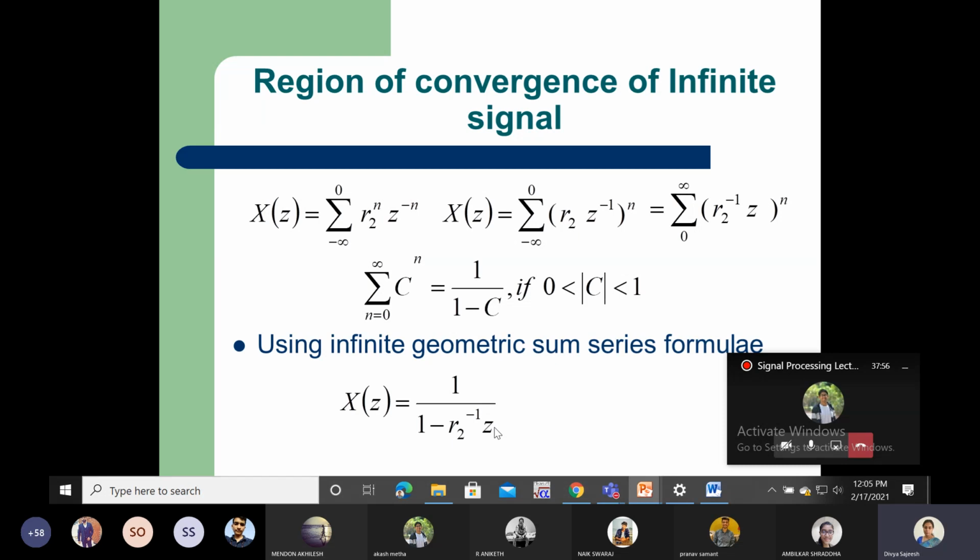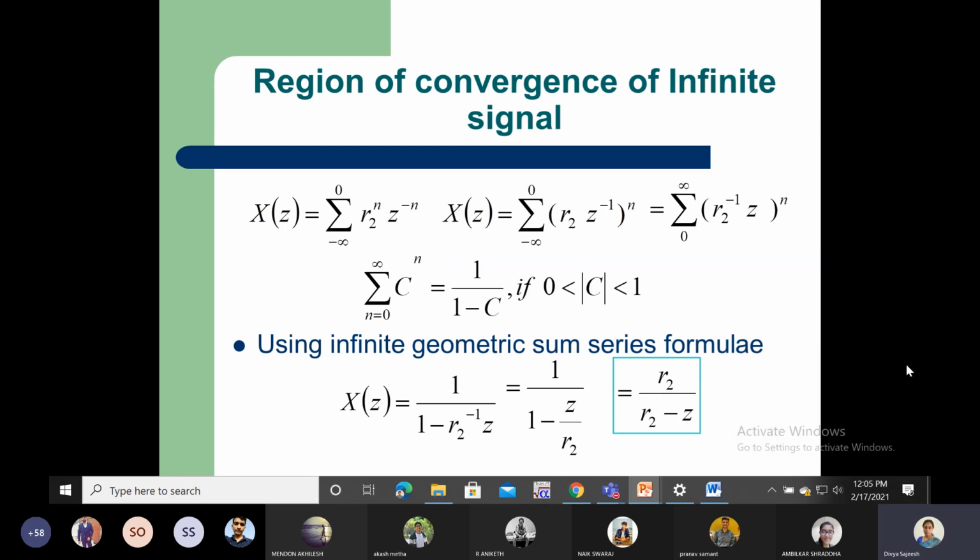So expand this, r2 will go to the denominator of z. So I can rewrite it as 1 upon 1 minus z by r2. Then again rewriting it, you can write r2 by r2 minus z. So this is the z transform of the left-sided signal, that is r2 upon r2 minus z. Now let us see in which points in the z plane the z transform of the signal will exist.